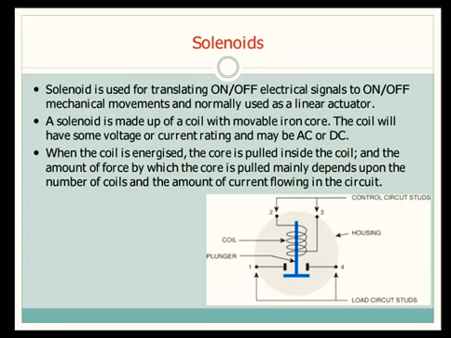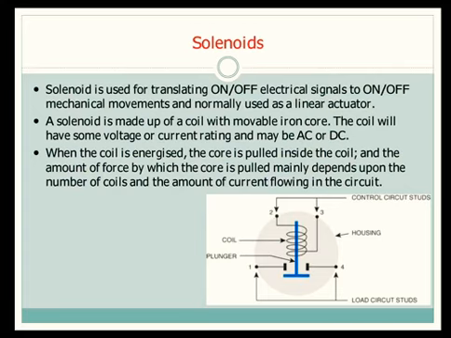When the coil is energized, the core is pulled inside the coil, and the amount of force by which the core is pulled mainly depends upon the number of coils and the amount of current flowing in the circuit. So here also it works on the principle of electromagnetic induction.